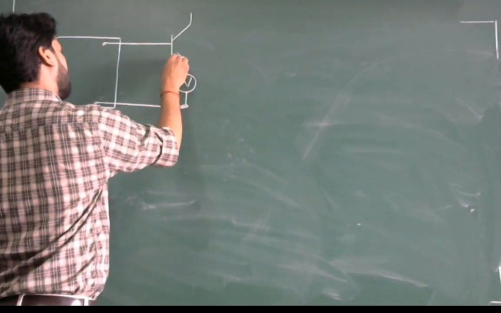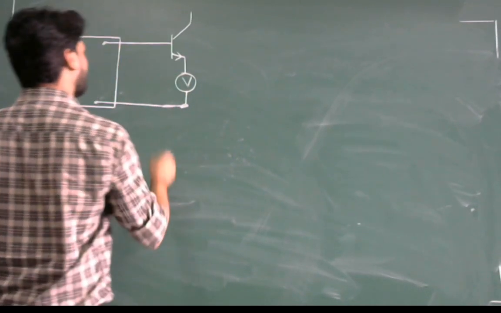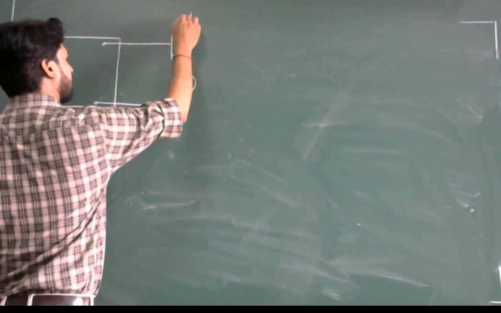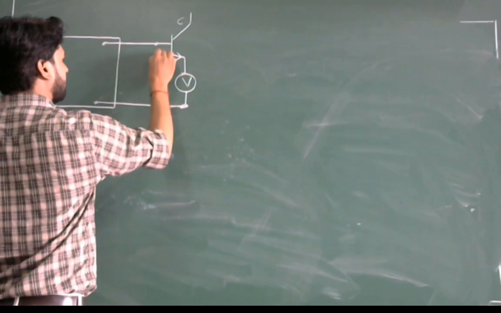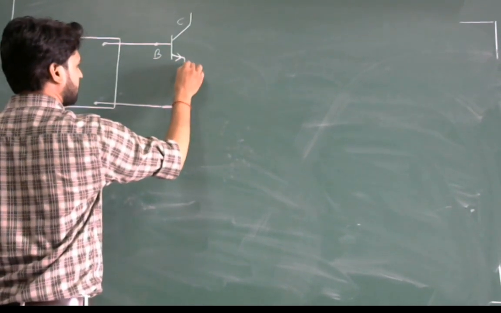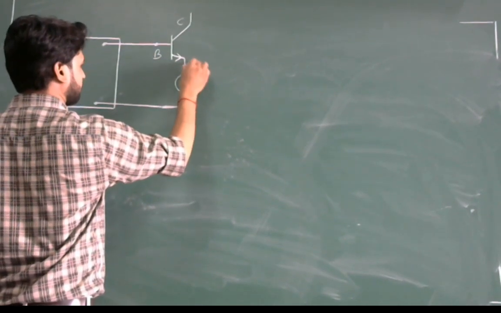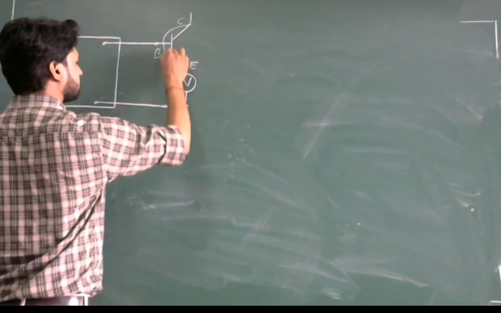This is an NPN transistor with collector here, base here, and this is the emitter.